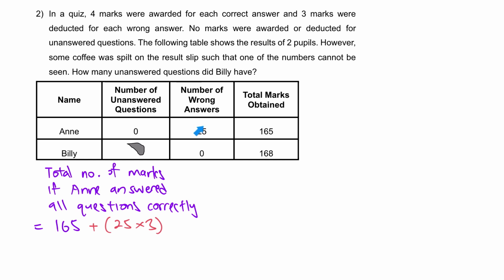So essentially, you are gaining 7 more marks per question instead of getting them wrong, you get it correct. So we need to add another 4 marks per question, and that will give us a total of 340 marks. Again, 340 marks will be the total marks if N answered all questions correctly.